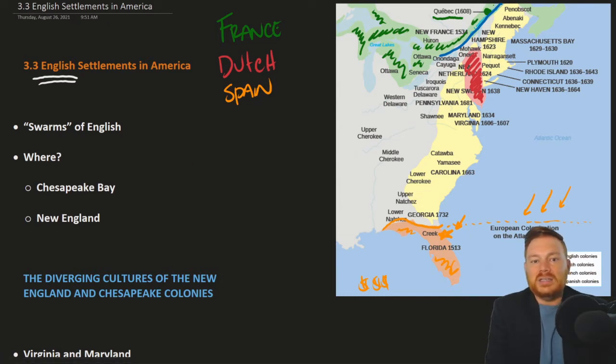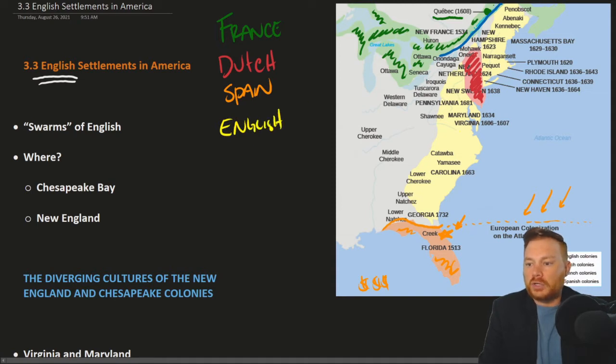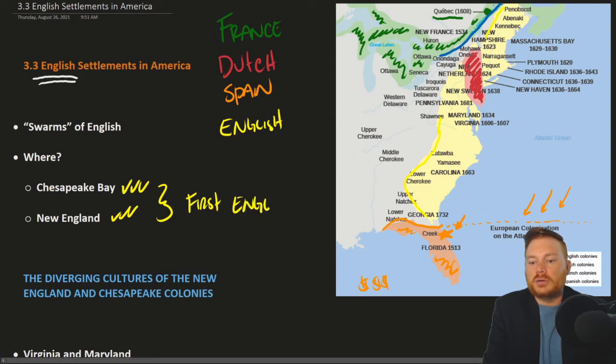And lastly, in the yellow, we have the English. Now, while the English will come to occupy all of this area that we see here, the very first English colonies were along the Chesapeake Bay and New England. And so we might say these were the first English colonies.